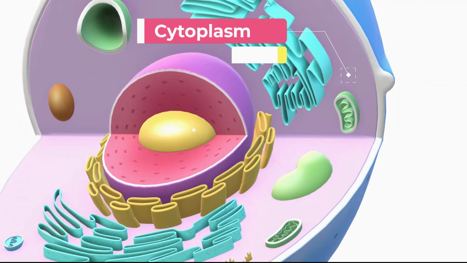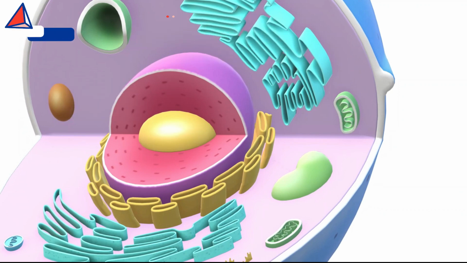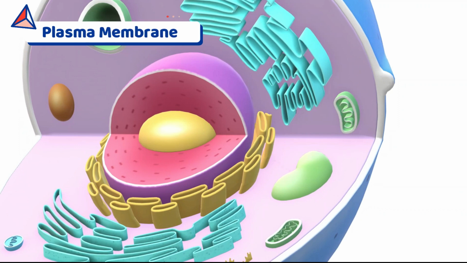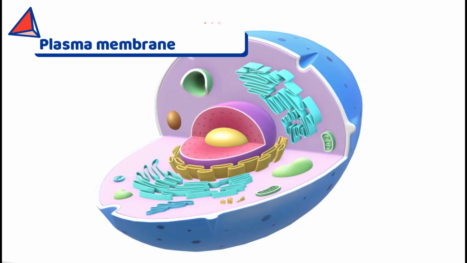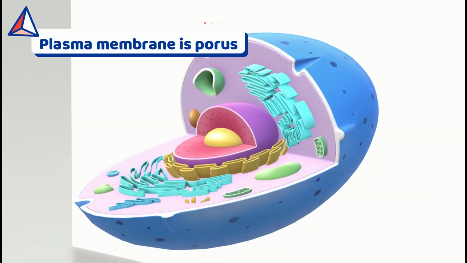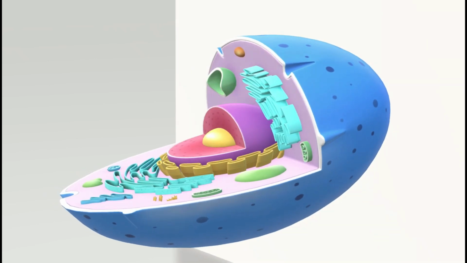The cytoplasm and nucleus are enclosed within the cell membrane, which is also called the plasma membrane. The membrane separates cells from one another and also separates the cell from the surrounding medium. The plasma membrane is porous and allows the movement of substances both inward and outward.